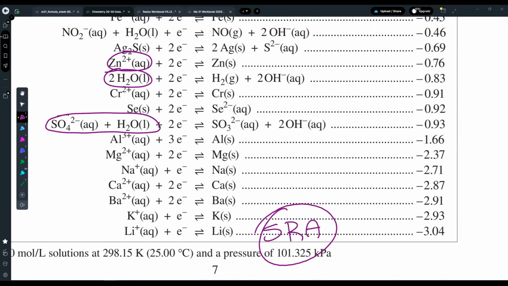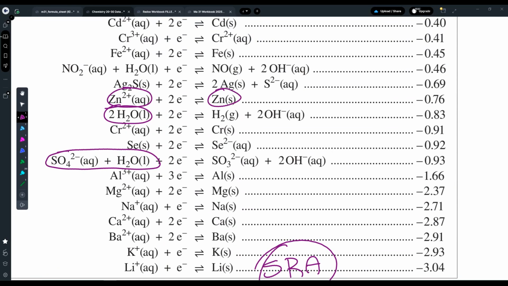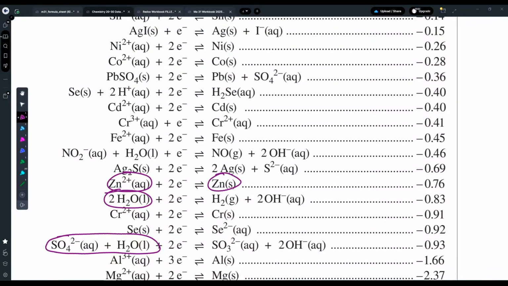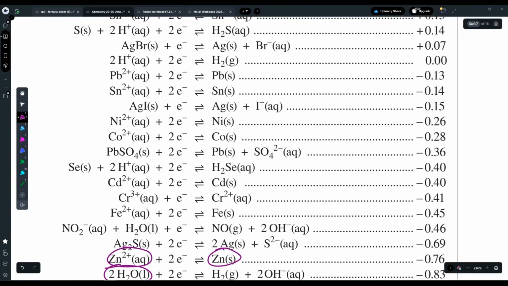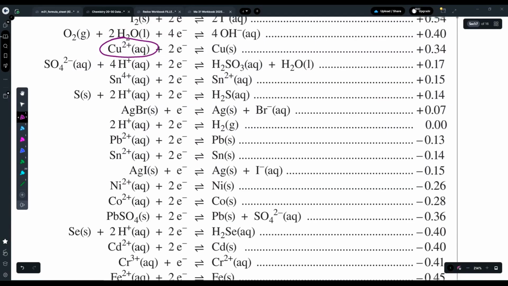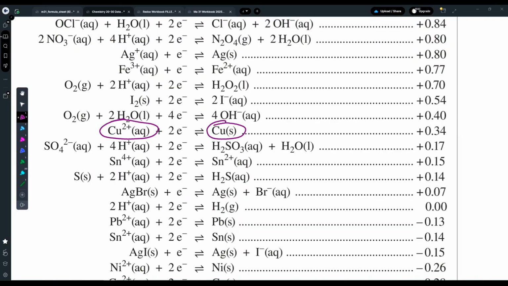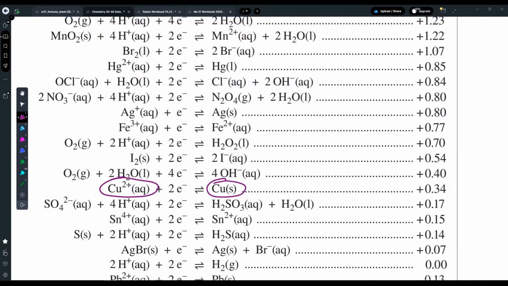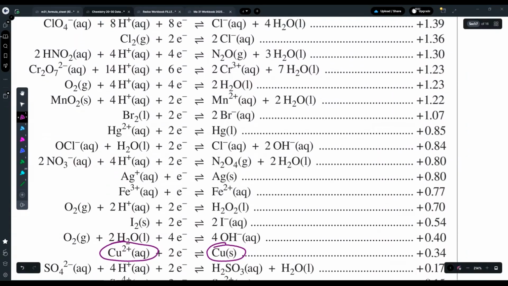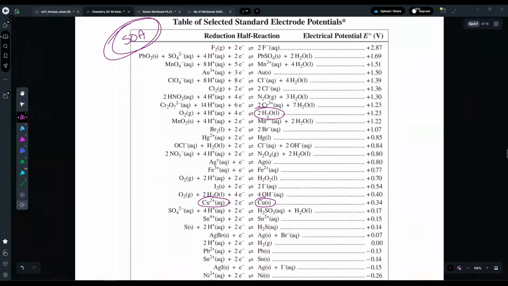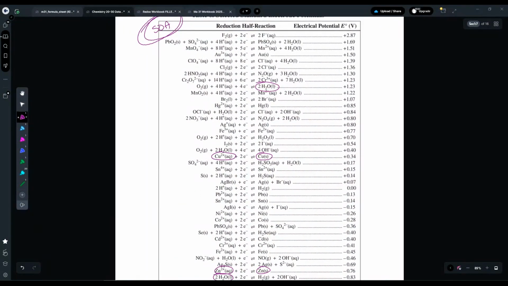Let's do the same thing for the right-hand side with the reducing agents. I'm going through and circling what I have: zinc solid, copper solid, and also water. Now let's figure out our SOA and our SRA.